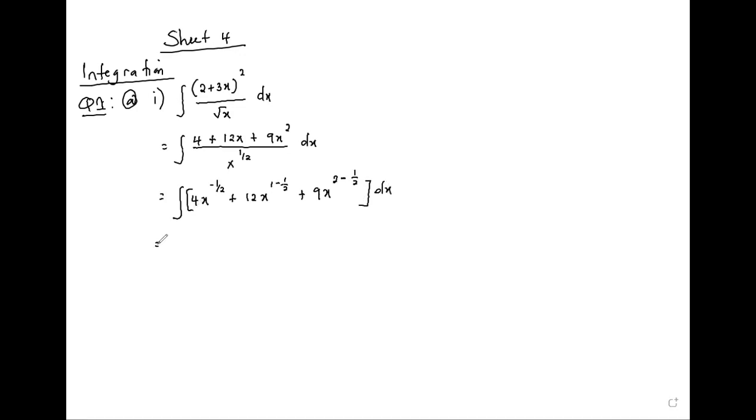Okay, so we can do the addition of those powers. We have the integral of 4x to the minus half, we leave it the way it is, plus 12x to the 1 minus half, that's half, plus 9x to the 3 over 2, dx.